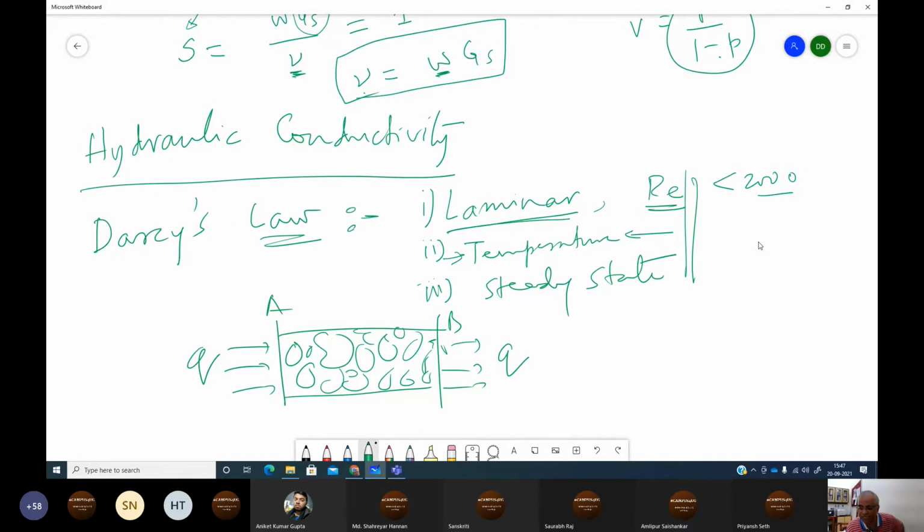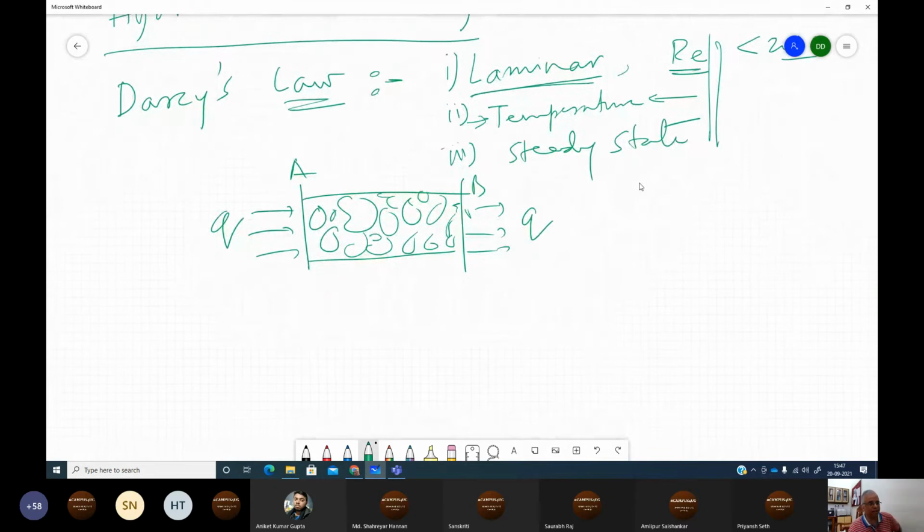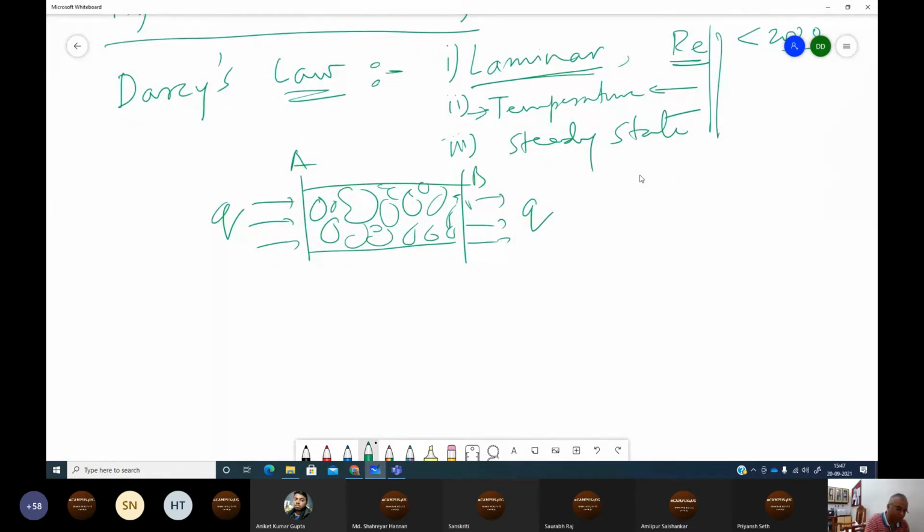And what he says is, this will be related to the velocity by which this is coming and going, because they are the same.